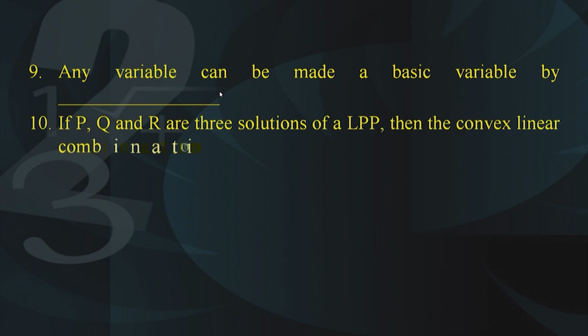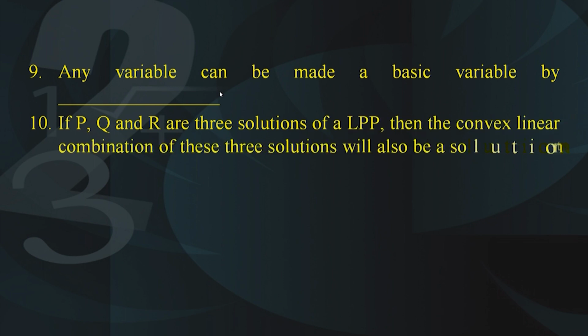Now, the 10th question is as follows, if P, Q and R are 3 solutions of a LPP, then the convex linear combination of these 3 solutions will also be a solution of the LPP.